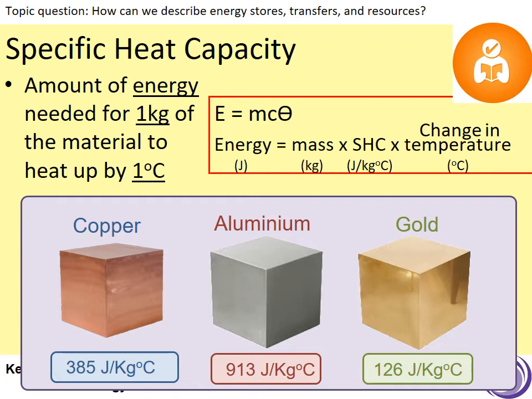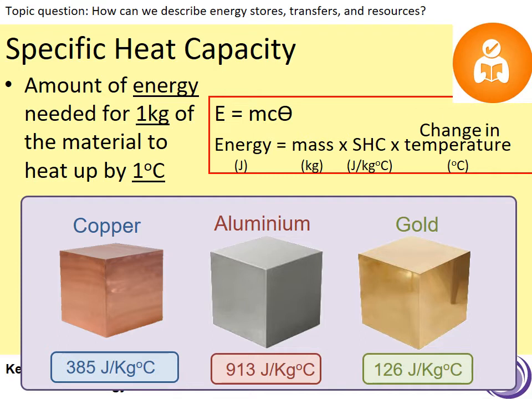So for example, for copper, it needs 385 joules of energy in order for 1 kilogram of copper to be heated up by 1 degree C. Same idea with aluminium, except it's a much higher specific heat capacity, so it needs more energy. It needs 913 joules of energy for 1 kilogram of aluminium to heat up by 1 degree C. And similar idea for gold, but gold's a lot lower than the other two.